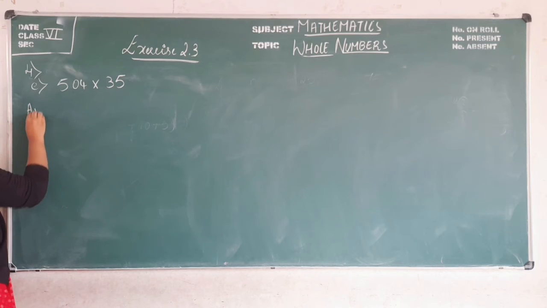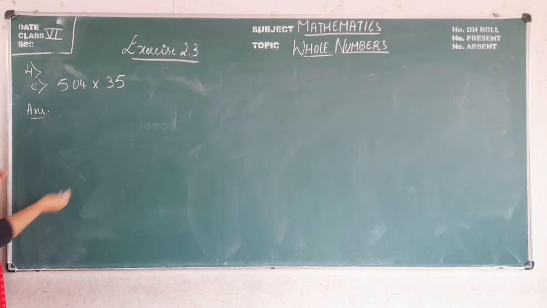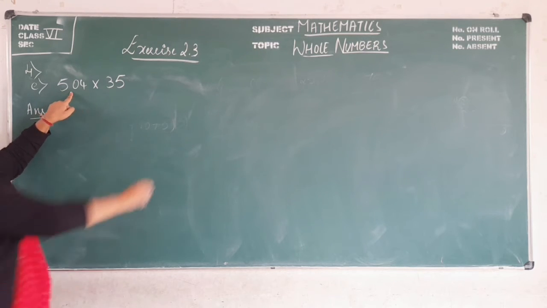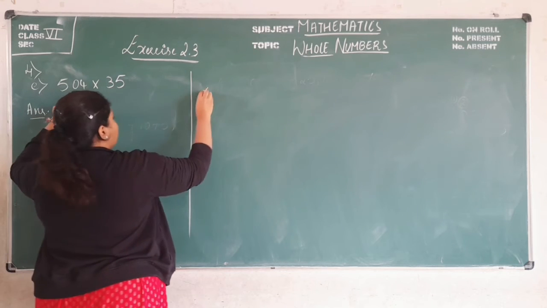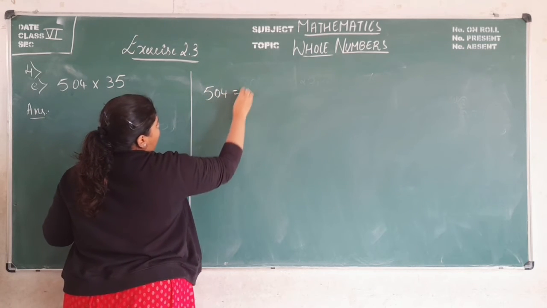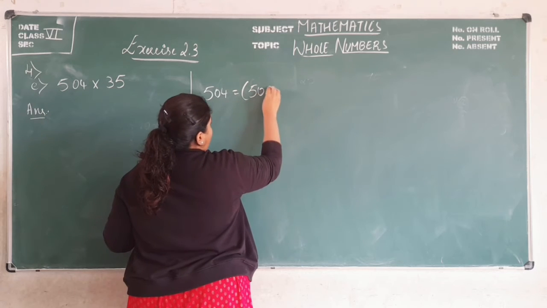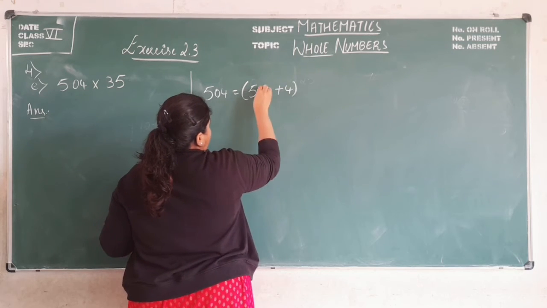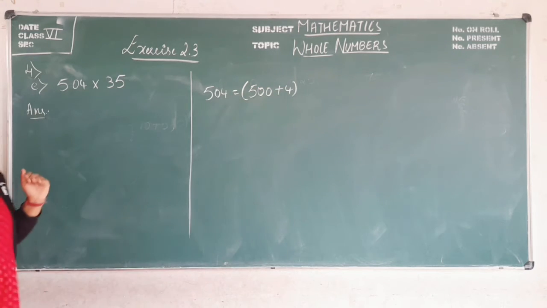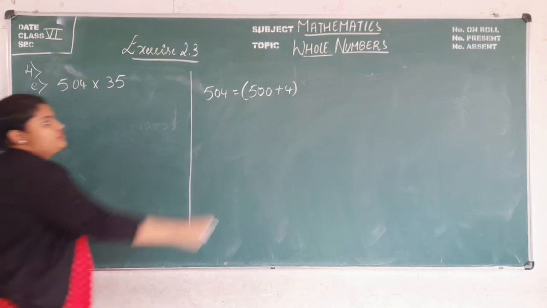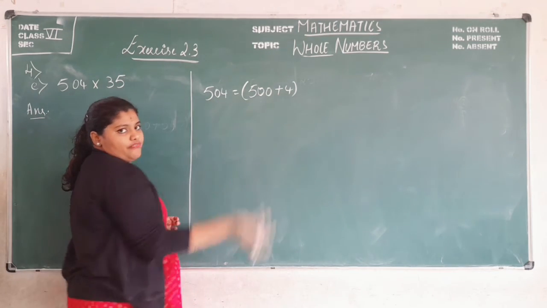So if I apply distributive property, how can I apply it for this question? Yes, here I can split this 504 as 500 plus 4. Can I split this 504 as 500 plus 4? Yes. So 500 plus 4 is nothing but 504.